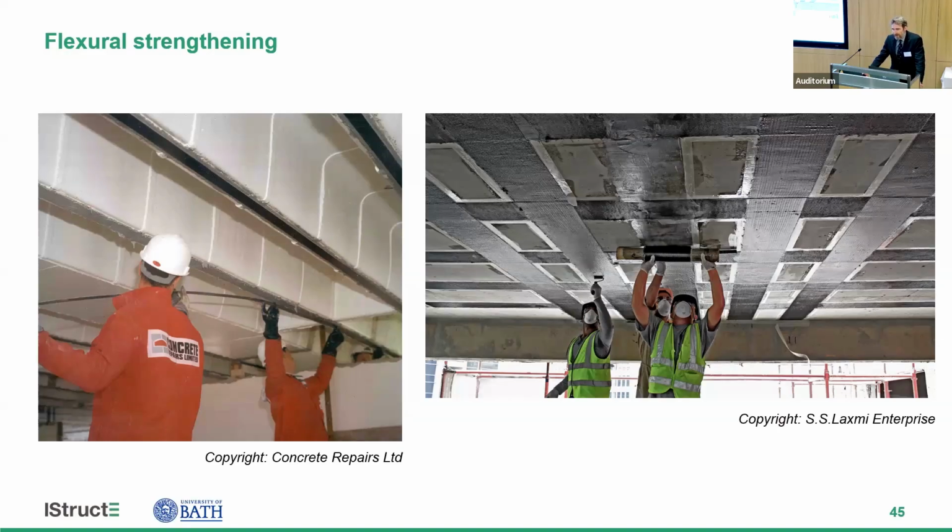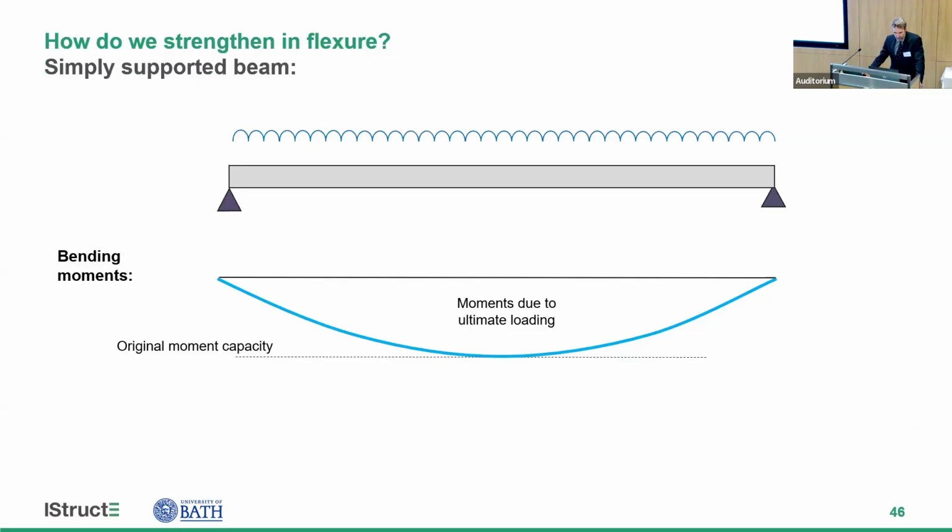For flexural strengthening, we attach carbon fibre plate or sheet to the soffit of a beam, on the tension side of the beam or slab that we want to strengthen, to act as external tension reinforcement.